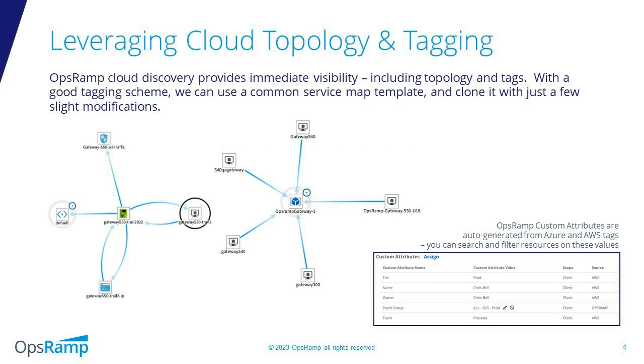We get the topology of what cloud resources are associated with other cloud resources, whether that's AWS or Azure. And very importantly, if you have applied tagging in your cloud environment, we automatically ingest those tag definitions and automatically populate them into our inventory as what's called custom attributes.